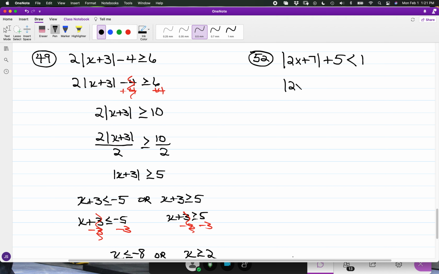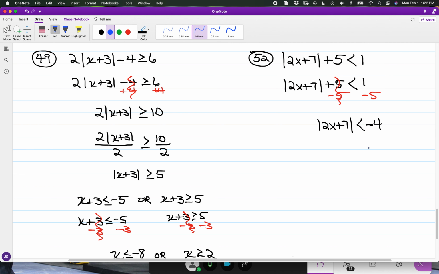So if I get the absolute value term by itself, upon deducting 5 on both sides, we're going to have the absolute value of 2x plus 7 is less than -4. And again, we have the format of absolute value of x is less than k, and k should be a non-negative value.